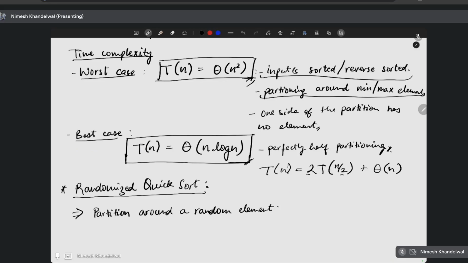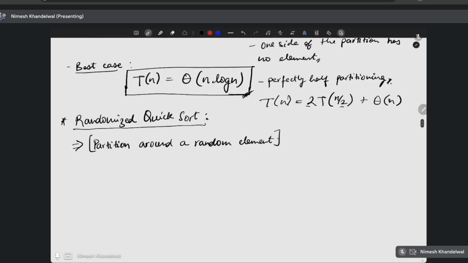Because these worst case scenarios are statistically less likely than the best case or the average case scenarios, randomized quicksort is very unlikely to encounter the worst case, and mostly it will give the best case or the average case time complexities, right?